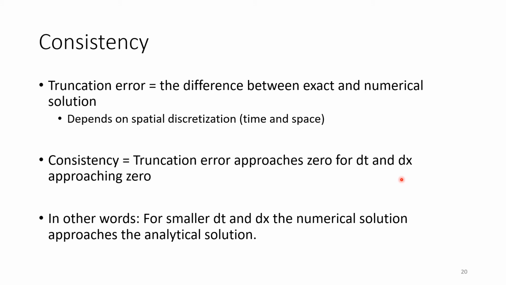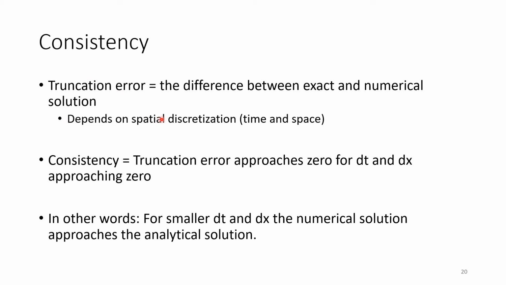The difference to that is the consistency. So the consistency is the difference between the numerical solution and the exact, so the analytical, the truth, yeah, the exact analytical solution. And the difference between both is what we call the truncation error.